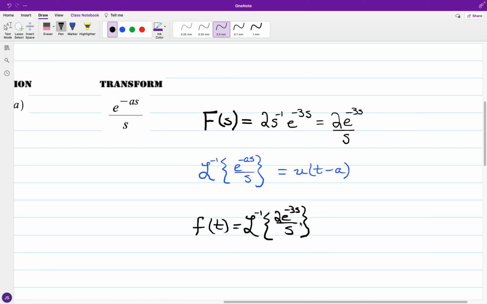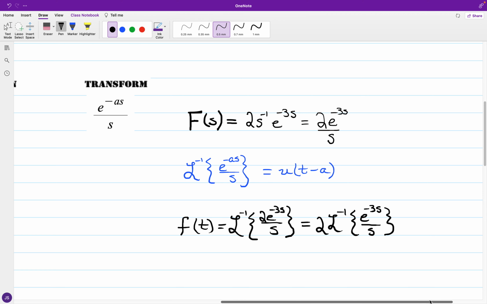Now for the Laplace transform, if I match up the format in terms of e to the negative as over s, now we have the constant 2, which is a multiple. So if I move this out to the front, I can say that I have 2 times the inverse Laplace transform of e to the negative 3s all over s.